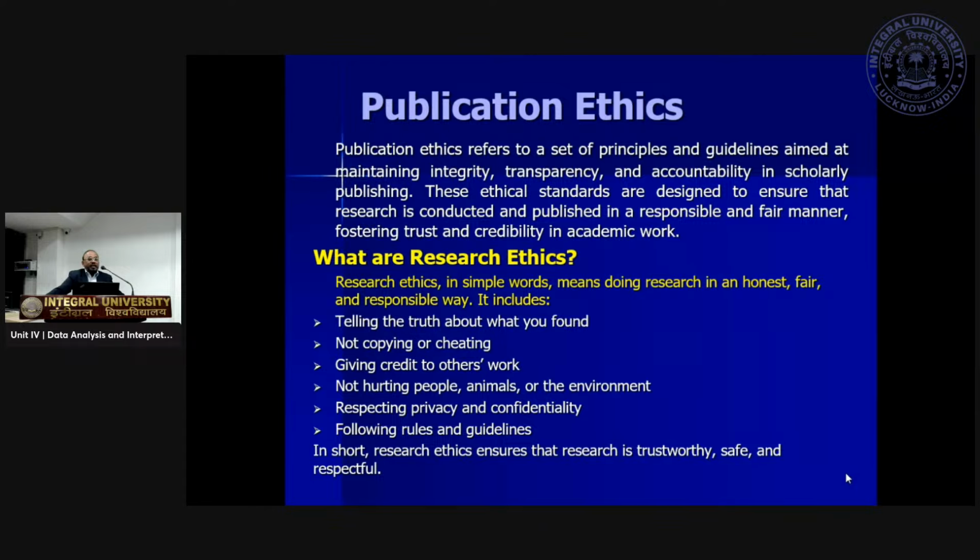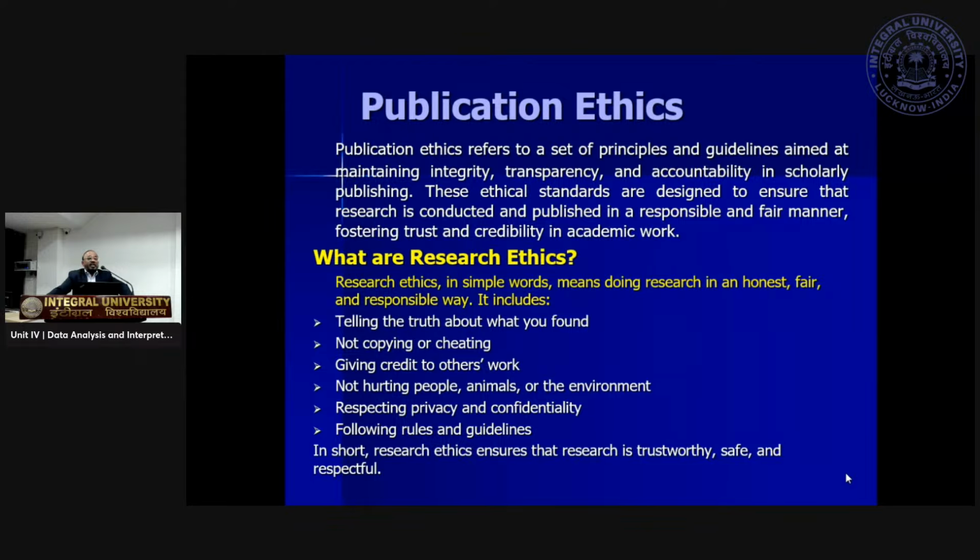If it is fabricated, there is no meaning of the results you expect from the answers to these questionnaires. It also means not copying or cheating others' work, giving credit to others' work through citation, and not hurting people, animals, or the environment.